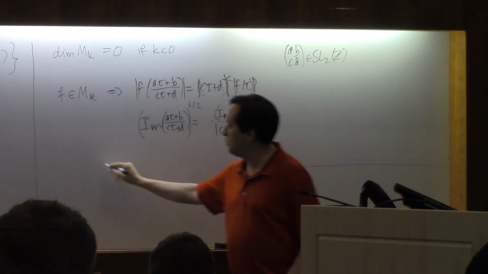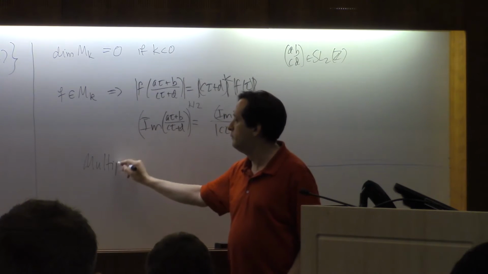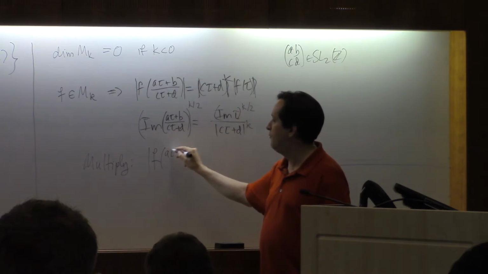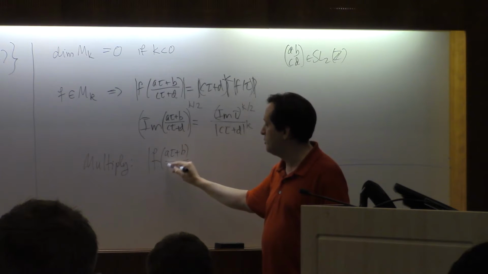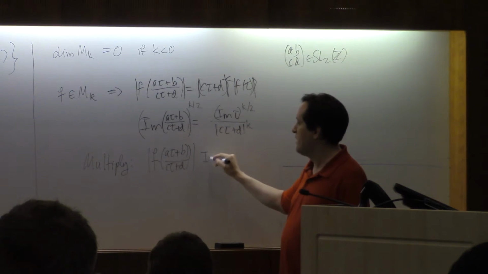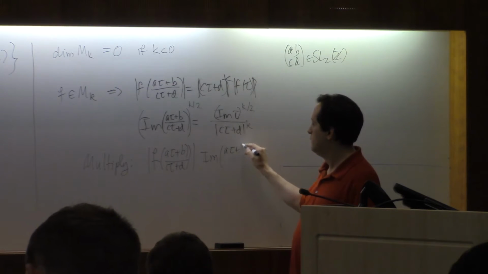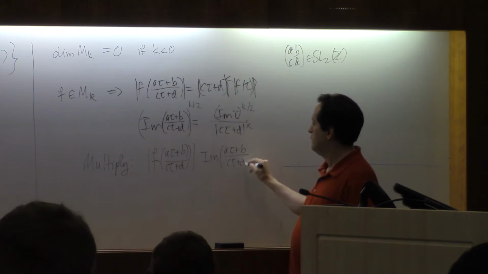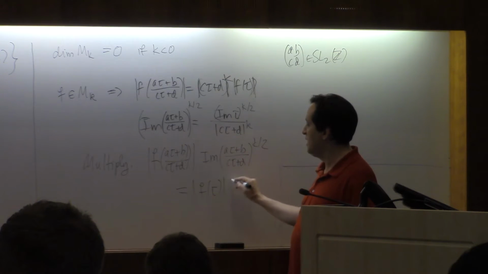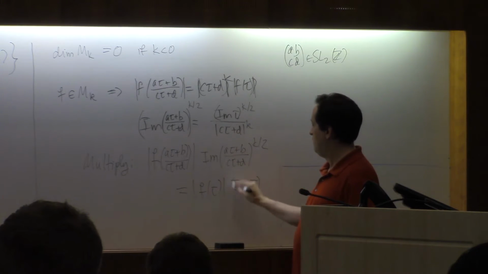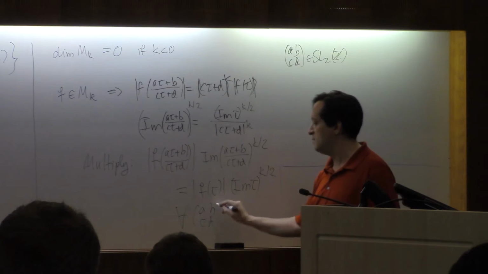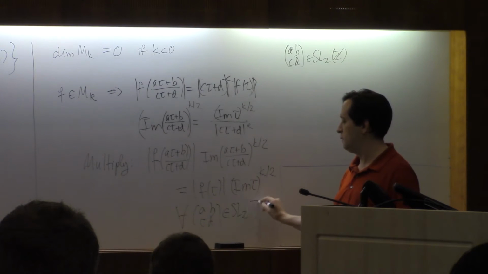And so now when you multiply them, what we see is that the function absolute value of f times the imaginary part to the power k over 2 is actually an invariant function for the whole group, for all a, b, c, d in SL2Z.